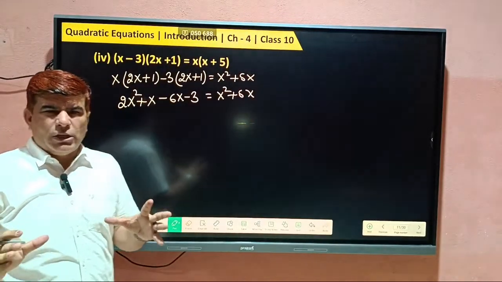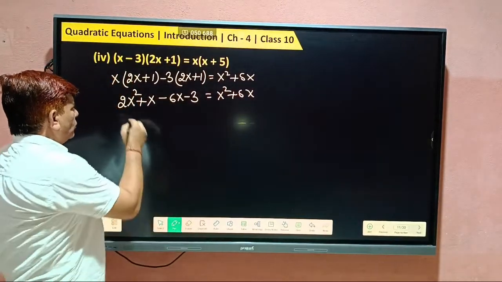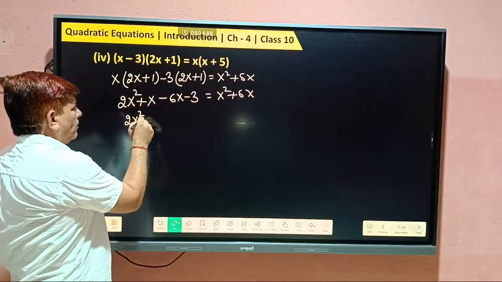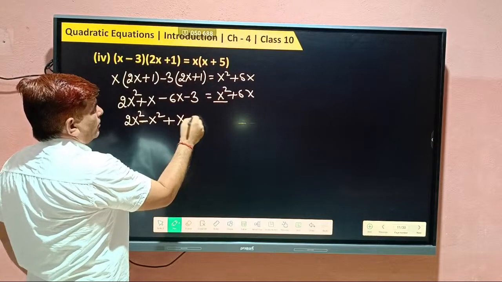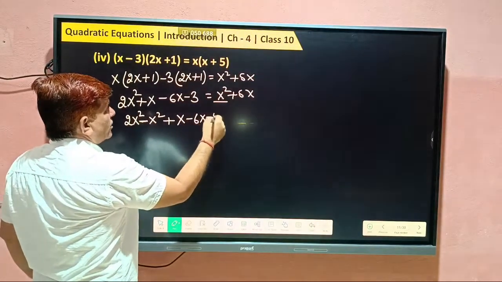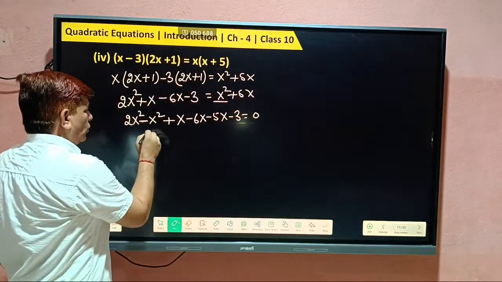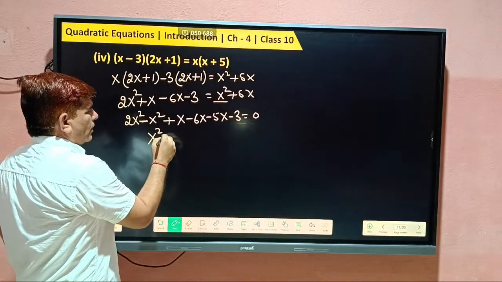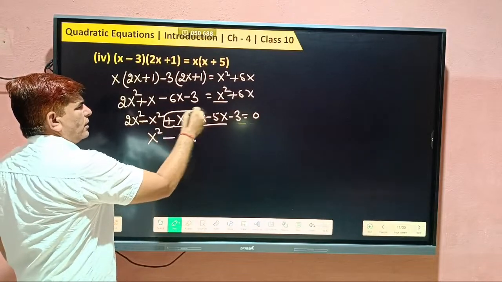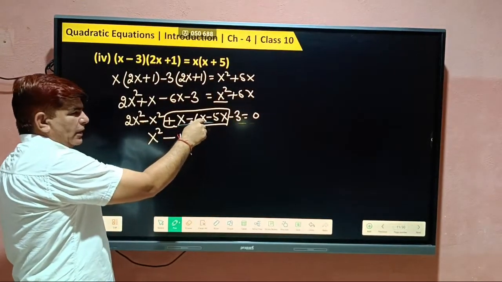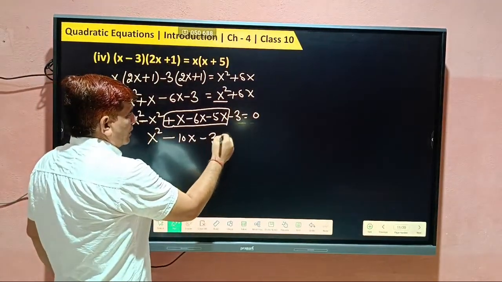You have to concentrate on the highest power, which here is 2. So 2x² − x² plus x − 6x − 5x − 3 = 0. How much is left? x². And −6x and −5x both are minus, so −11x, and plus 1x, meaning −10x is left, −3 = 0.